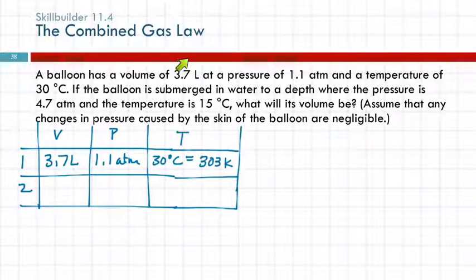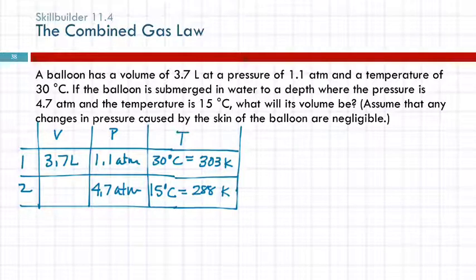So all of these are connected, those are all together. The balloon is submerged, and now this is the pressure, and this is the temperature. So we put those in. We got 4.7 atmospheres for the second pressure, and the temperature has gone down also, 15 degrees Celsius. So we convert that to Kelvin, that's 288 Kelvin.